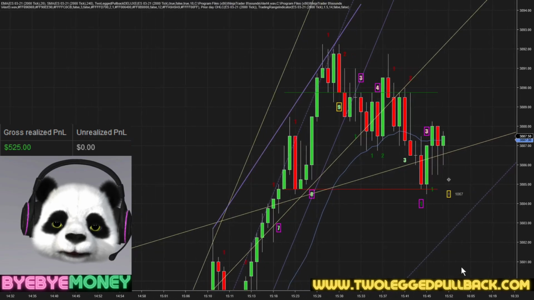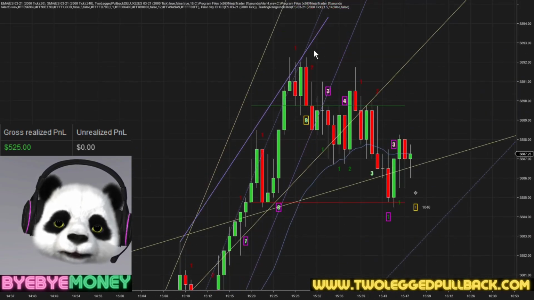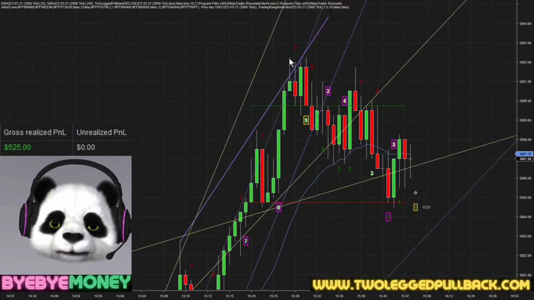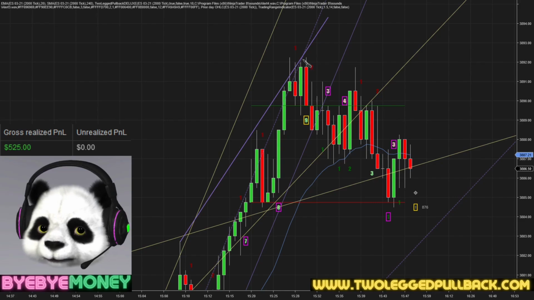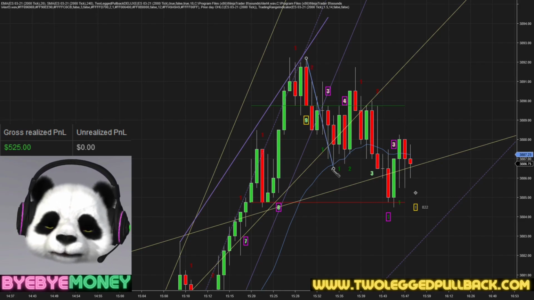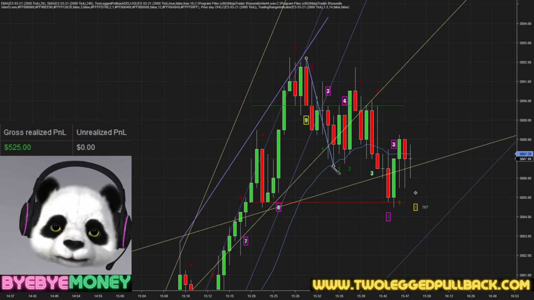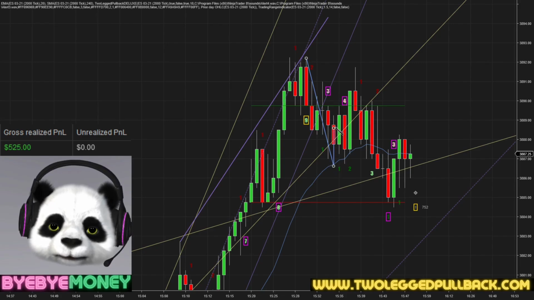Potentially we could be in a downtrend now. Potentially a major trend reversal off this wedge. Wedge here, as you can see, and then we had a push down and a two-legged pullback with a lower high. So this is the setup that I was talking about. We had that push down here, confirming the first push off the wedge.